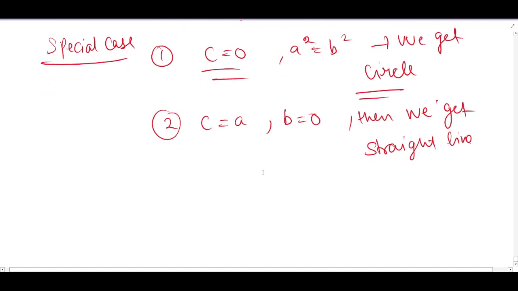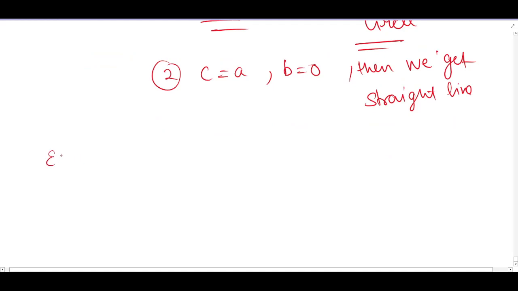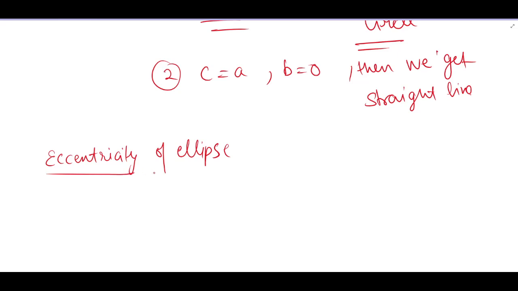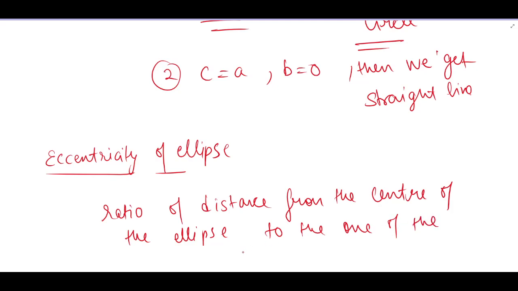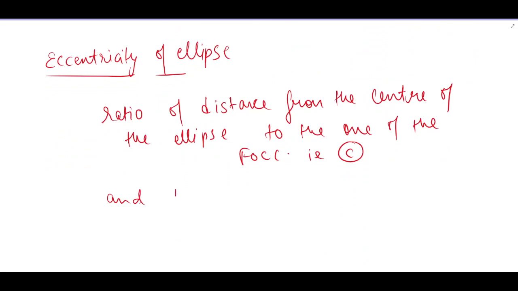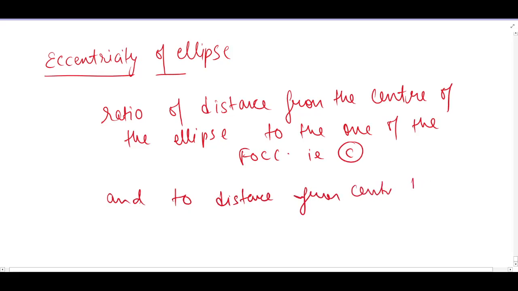So what is the eccentricity of an ellipse? Eccentricity of an ellipse is the ratio of the distance from the center of the ellipse to one of the foci, that is c, to the distance from the center to the vertex of an ellipse.